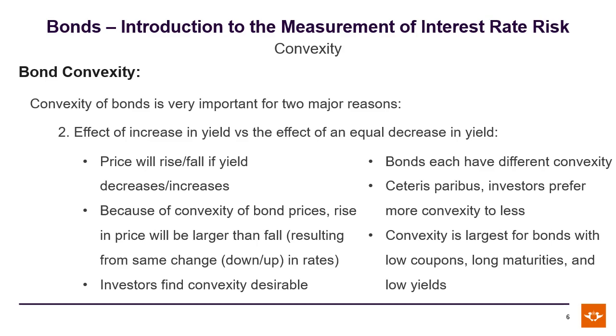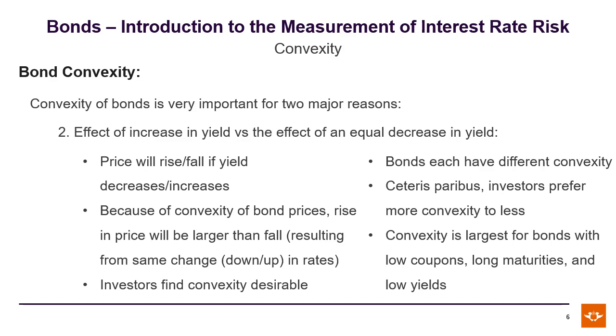So convexity is desirable, and investors prefer more convexity to less, and convexity is largest for bonds with low coupons, long maturities, and low yields.